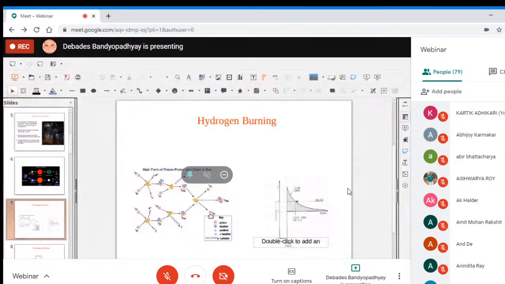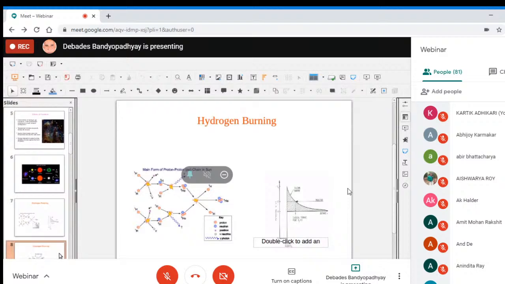But in quantum mechanics, you know there is a mechanism called tunneling, and through this quantum tunneling, even though the energy of the proton is below the Coulomb energy barrier, it will fuse and produce this helium nucleus.